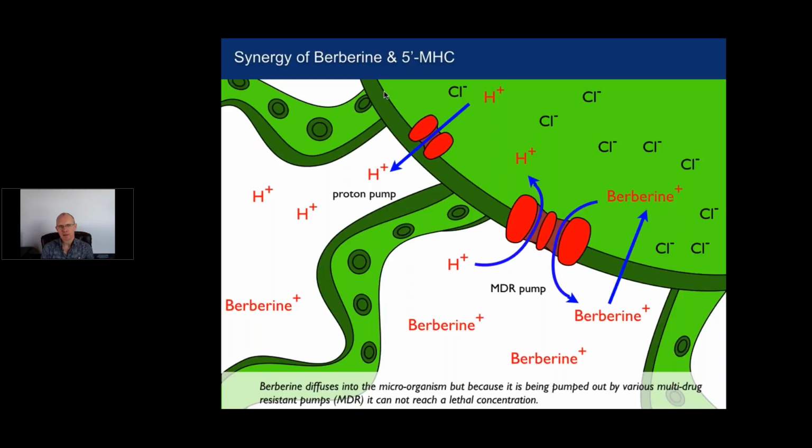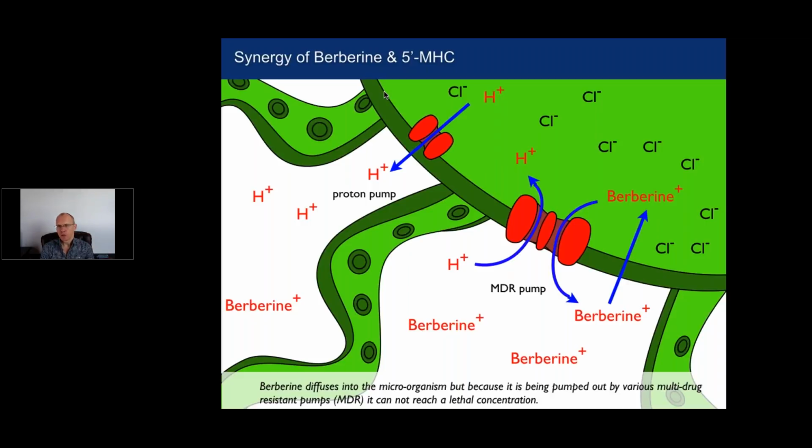So this is one of the mechanisms that organisms and cancer cells can develop a resistance to a particular drug. They just sort of mutate until they get the right sort of shape for it. So with berberine, it appears that a lot of the multi-drug resistant pumps on bacteria seem to be resistant to it.